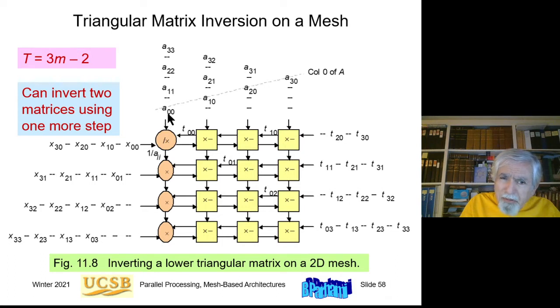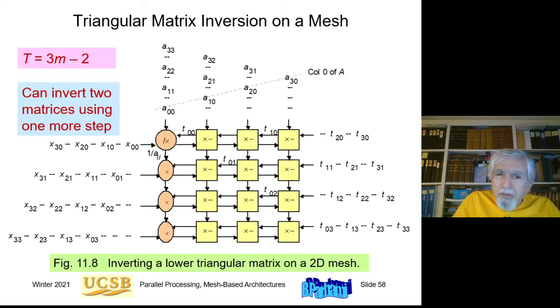Instead of dividing by A00, I can compute the inverse of A00 and then multiply. The advantage of that is that this division to compute this inverse is done only once, and then the subsequent rows can do multiplications instead of divisions, which are simpler operations.